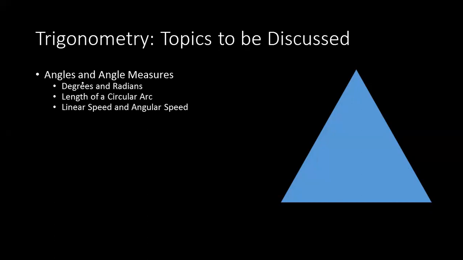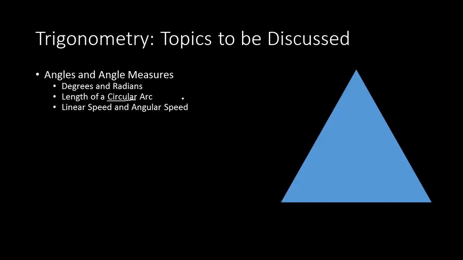So here we're going to learn about degrees and radians, the length of a circular arc, then we have linear speed and angular speed. Now, here's the thing though. We're talking about triangles. Why is it that we need to learn about circular arc? Why is it important? We will learn that in the future.